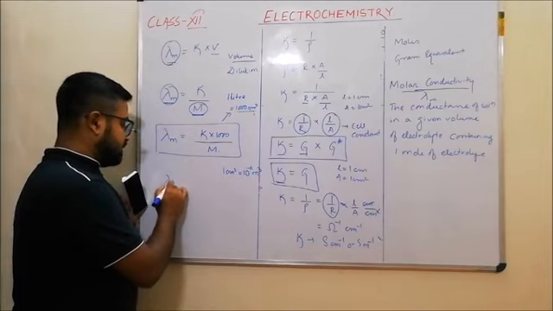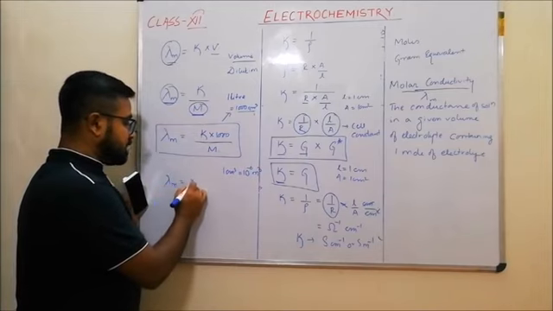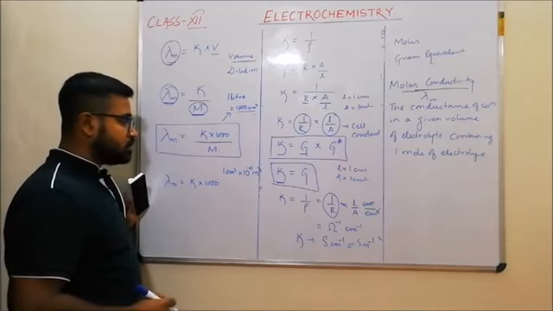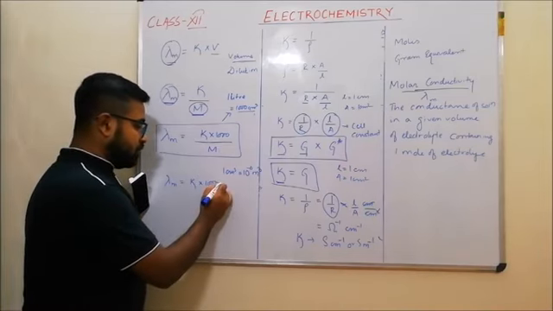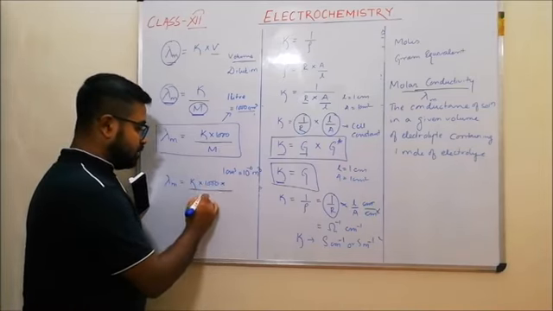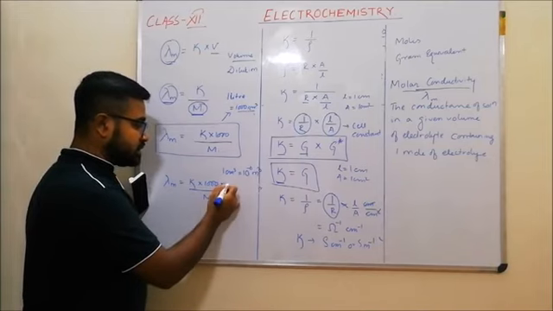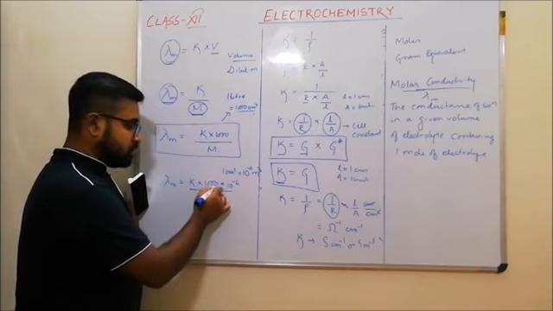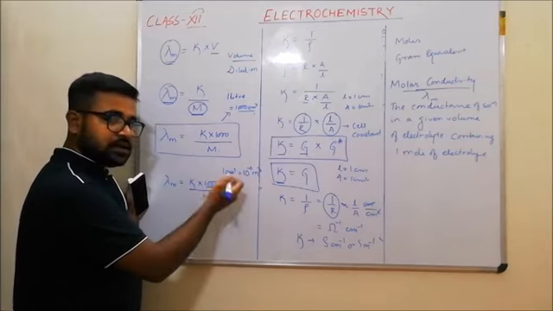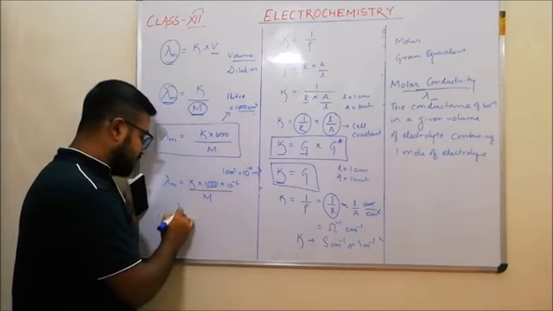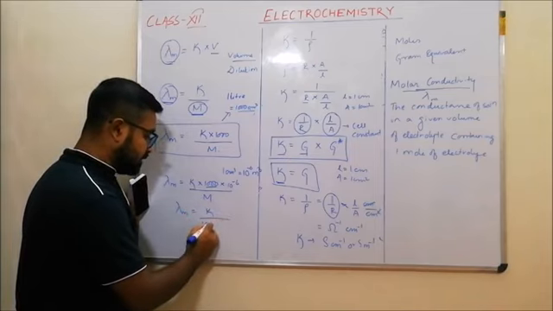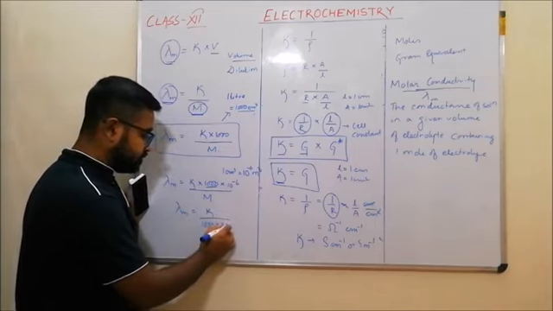So if we are multiplying, lambda m equals kappa into 1000 into molarity into 10 to the power minus 6. So 1000, 10 to the power 3 into 10 to the power minus 6, 10 to the power minus 3. So lambda m can be written as kappa by 1000 into M.